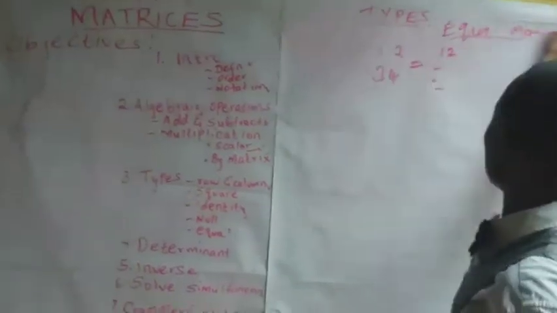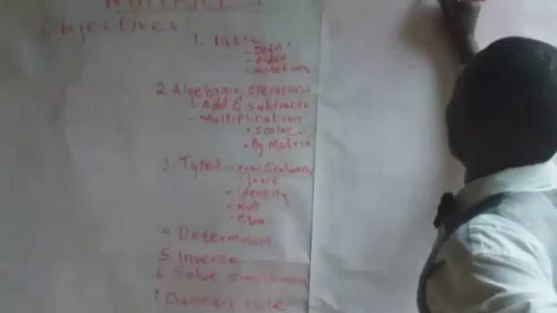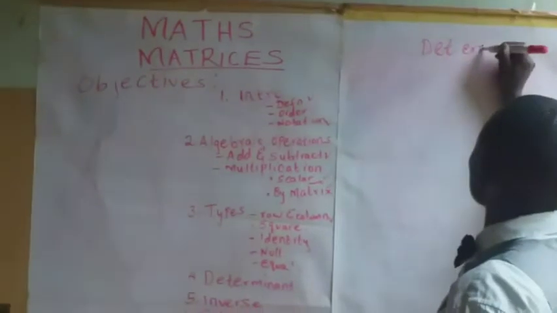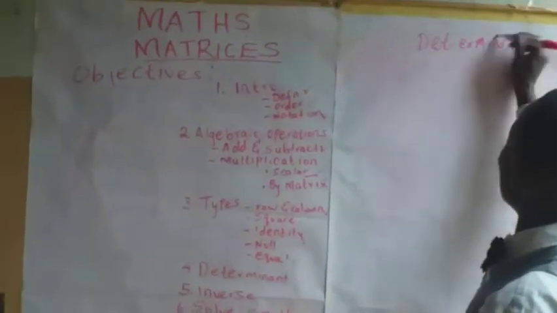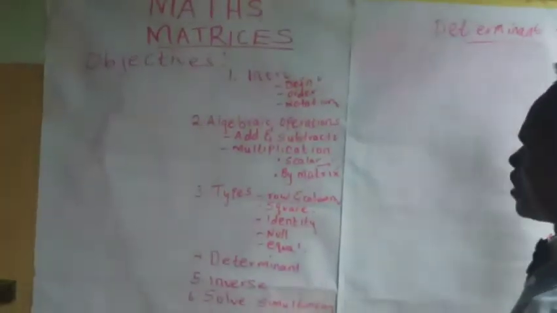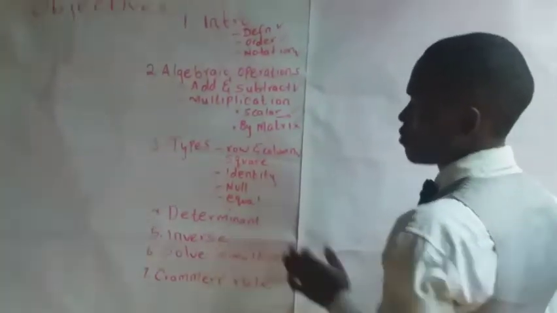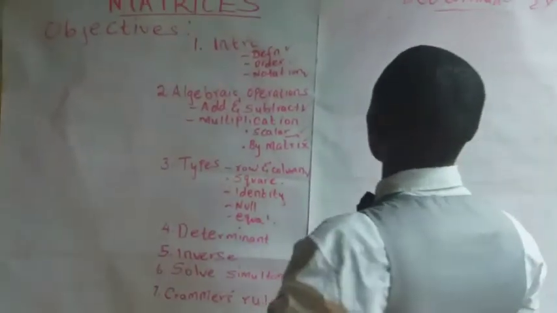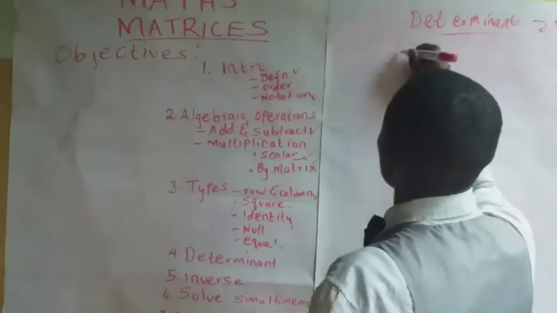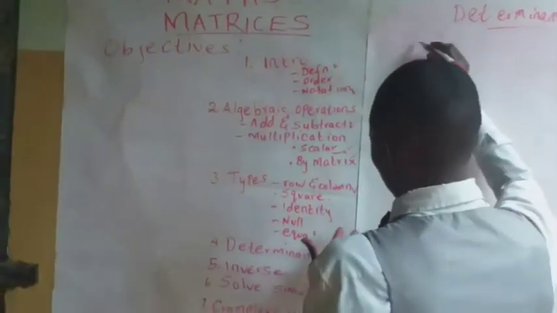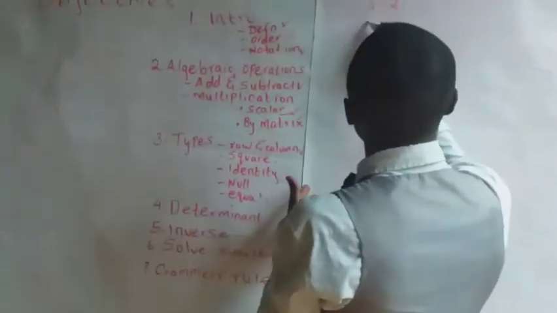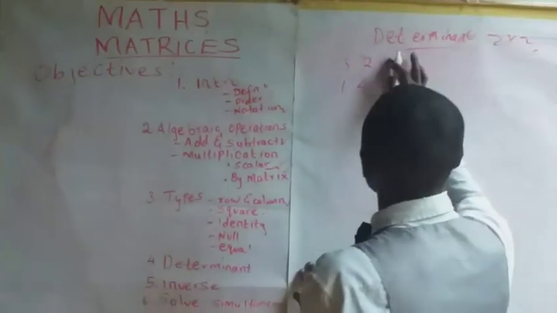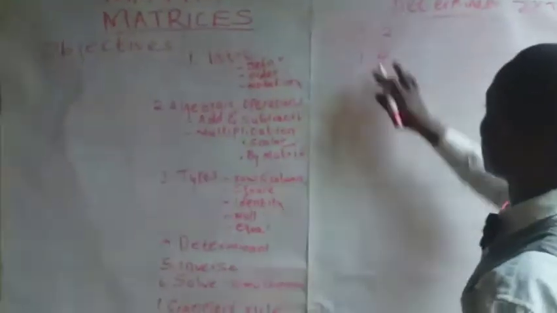So objective number 4, we had said that we'll be looking at the determinants of matrices, of a 2 by 2 matrix. So what is a determinant? The determinant of a 2 by 2 matrix. Let me give you an example of a matrix: 3, 2, 1, 4.